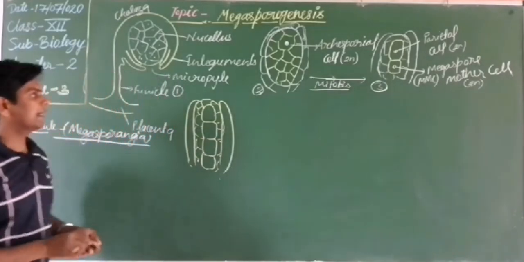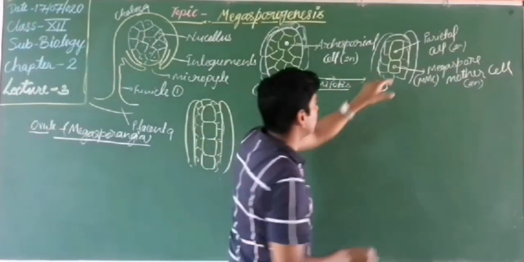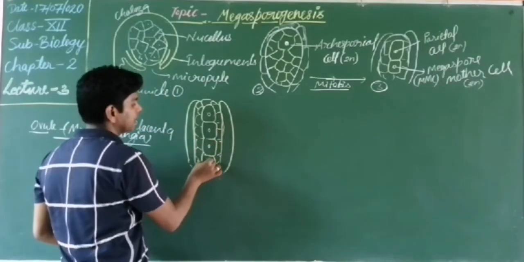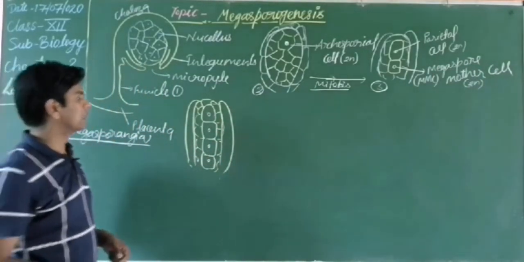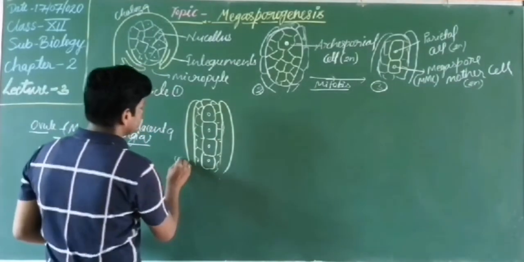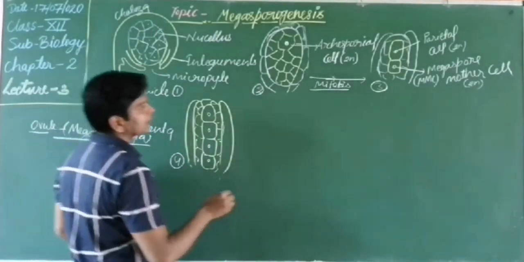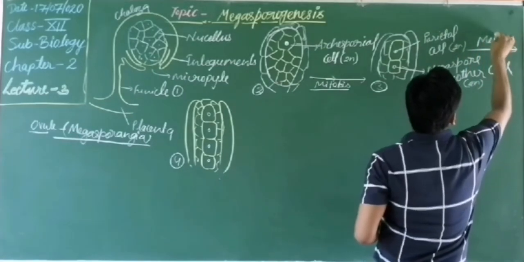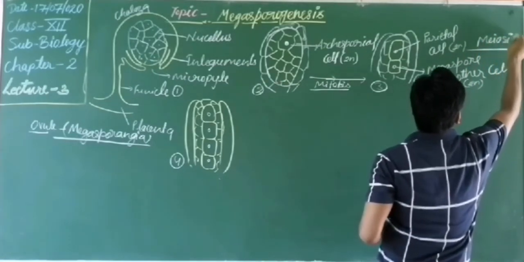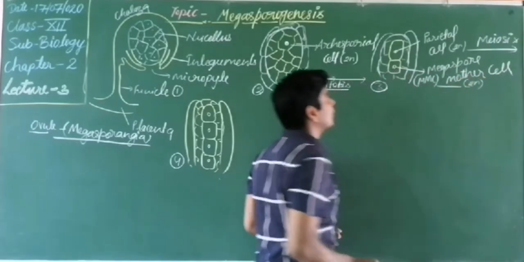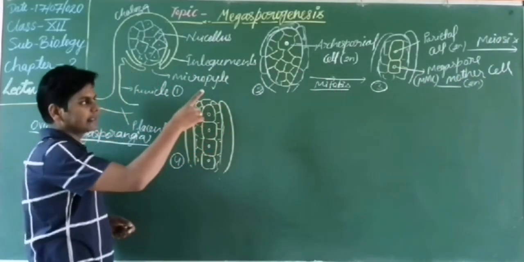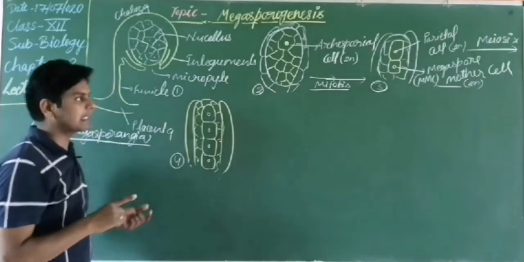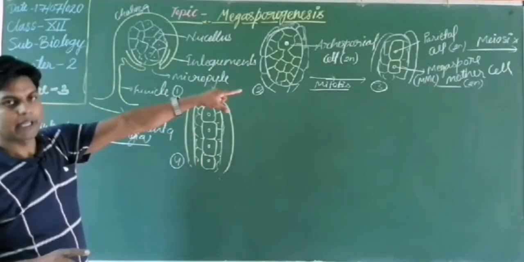This megaspore mother cell divides by meiosis cell division. So this is the 4th structure. Where does meiosis occur? In this megaspore mother cell, because the parietal cell gets degenerated. After meiosis, 4 cells are formed from the megaspore mother cell.